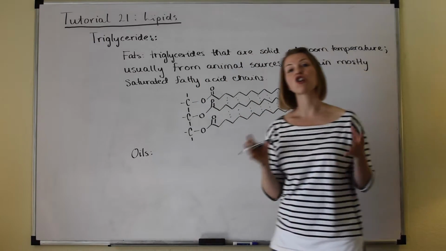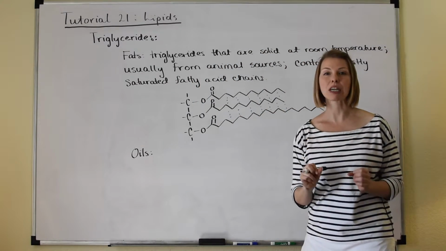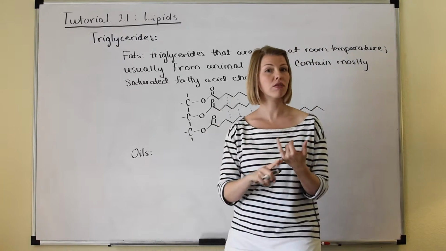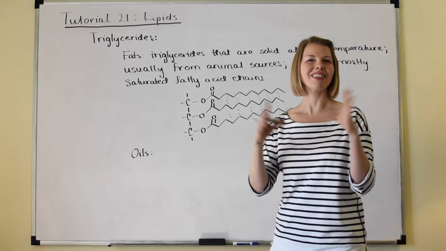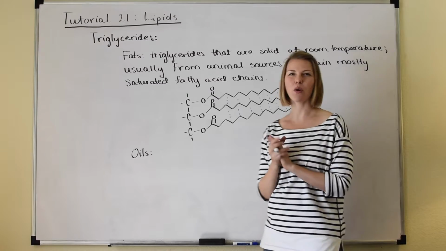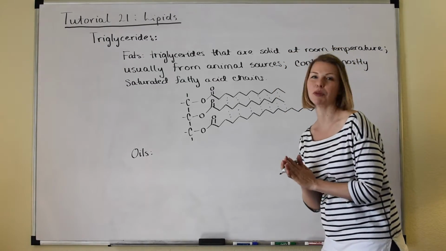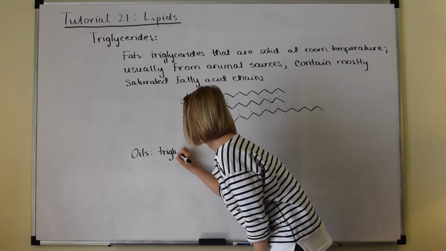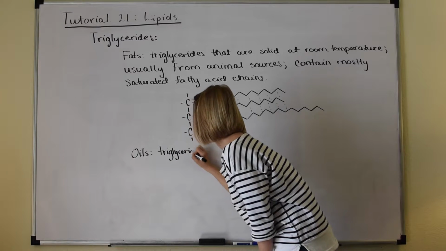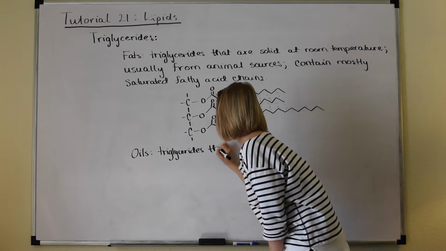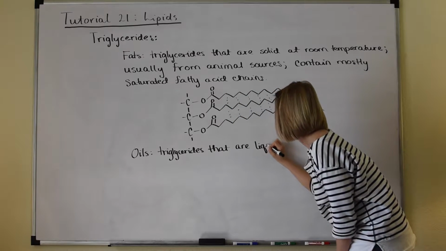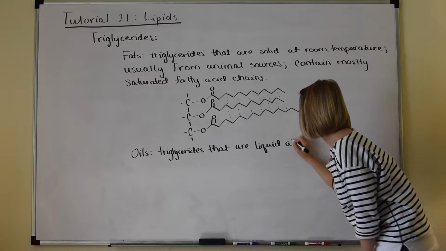So oils are triglycerides that are liquid at room temperature. So right away, you're probably thinking olive oil, canola oil, you keep probably all sorts of different oils readily available in your kitchen. So it's right here, triglycerides that are liquid at room temperature.